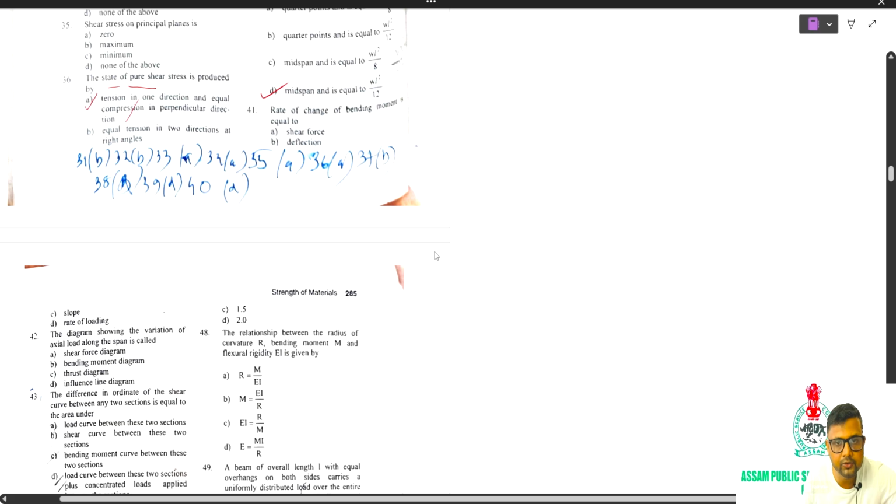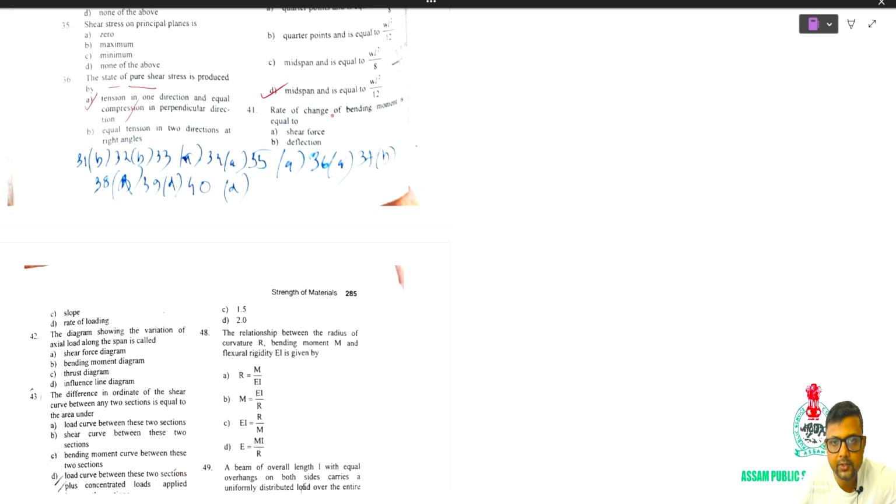Now let us look at question number 41. The rate of change of bending moment. See here, dM by dx is equal to shear force S, and dS by dx is equal to loading.